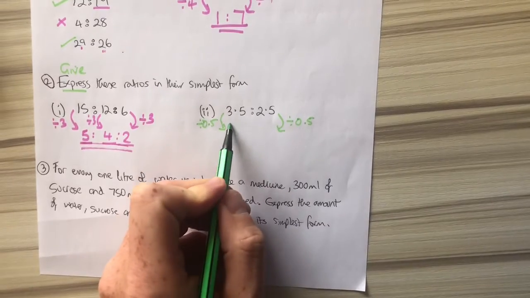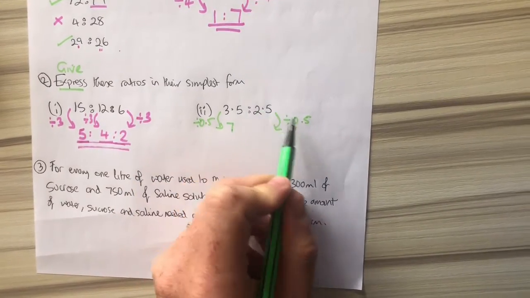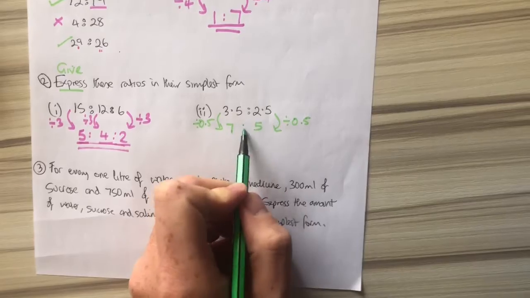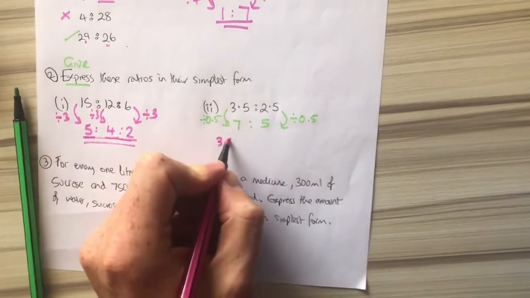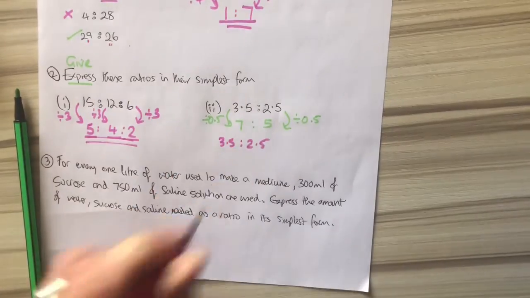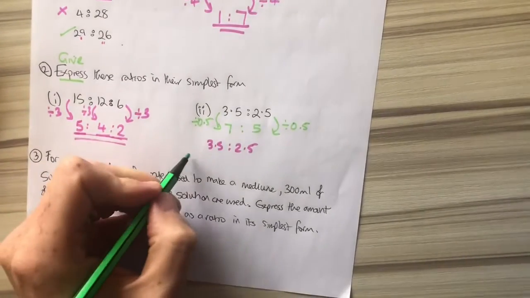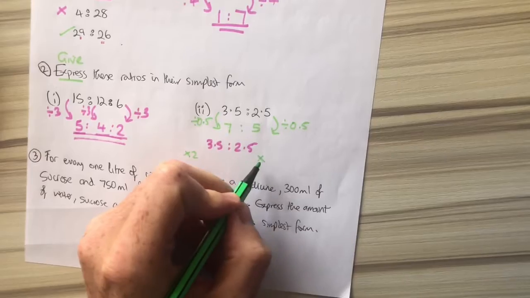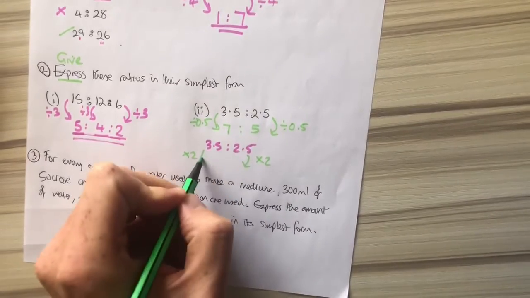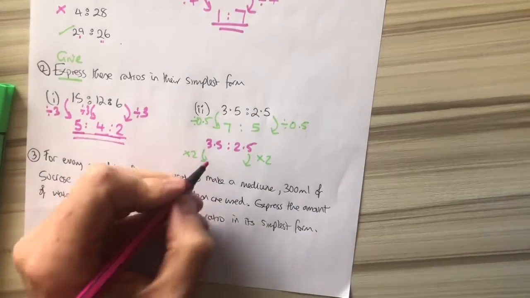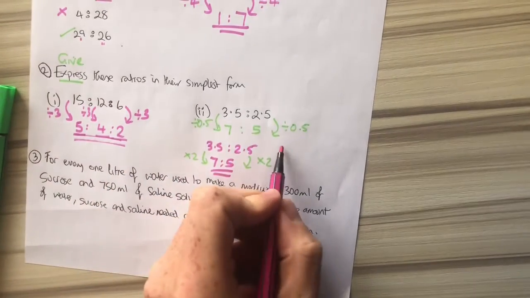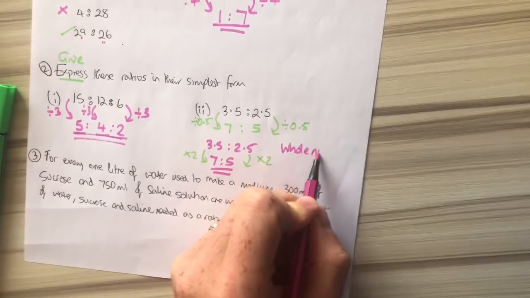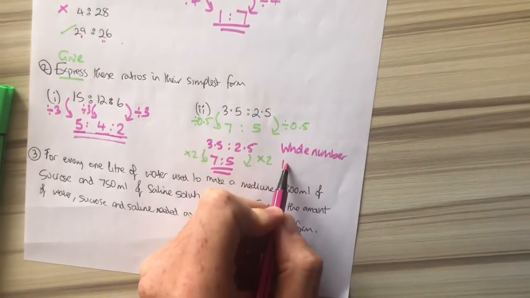Well, 0.5 goes into that 7 times, and 0.5 goes into that 5 times. Another way you could have done it is if I took 3.5 to 2.5, to make it whole numbers, I could just times both sides by 2, and I would get the same answer. So that is now in whole numbers or integers.